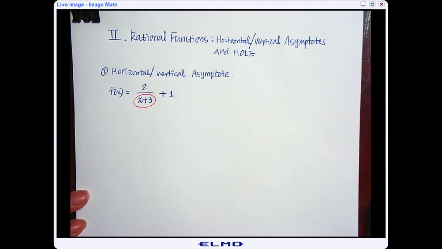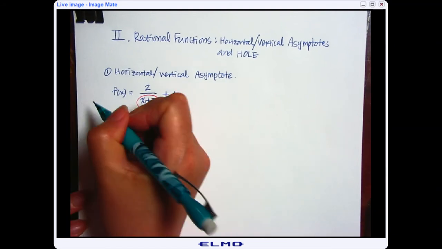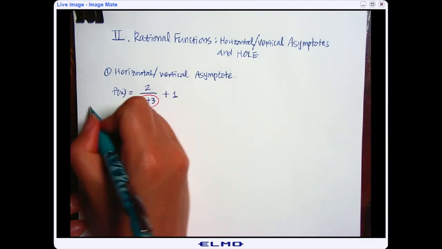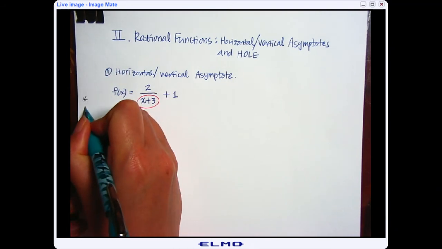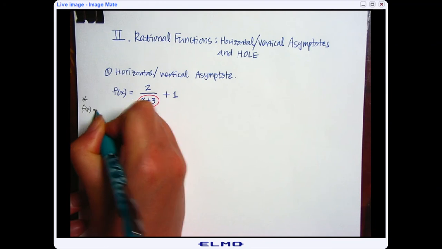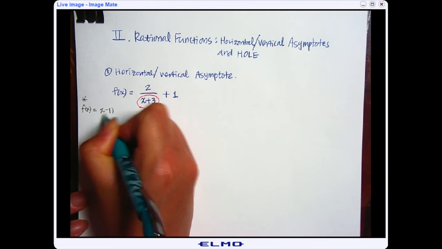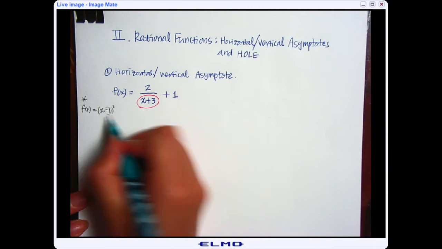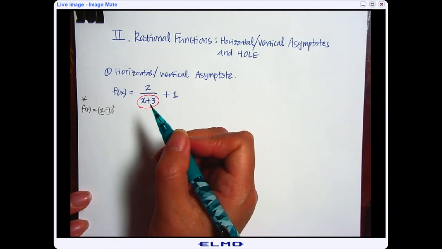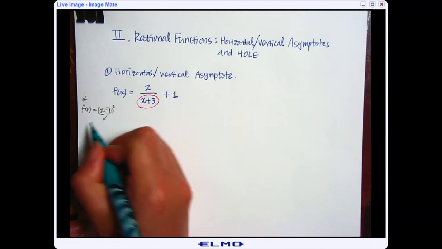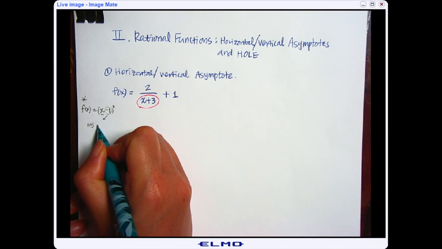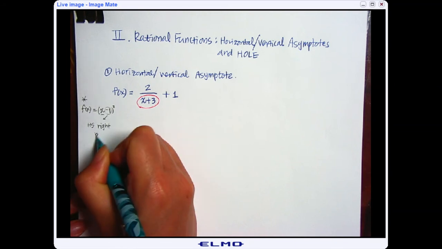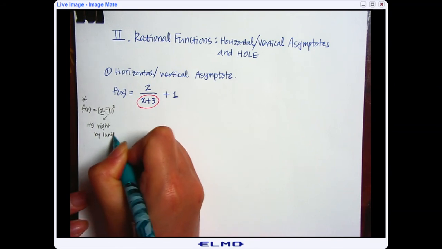If I remind you of anything similar from the quadratic function, when we have f of x equals (x minus 1) squared, this value, -1, goes directly with x, means horizontal shift to the right by 1 unit.